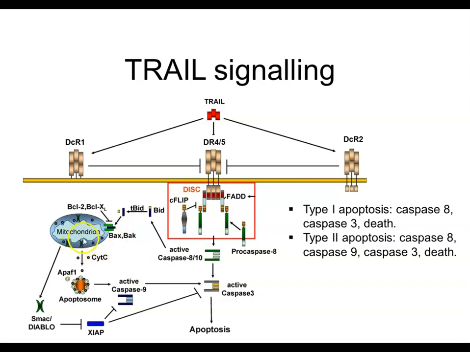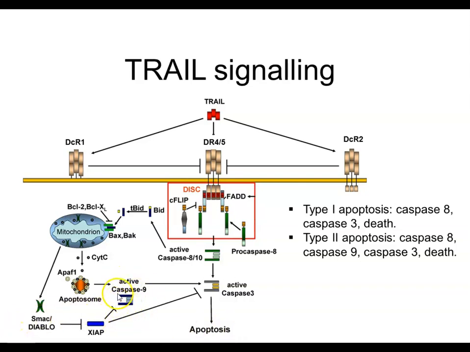The net result of that is release of cytochrome C, also release of procaspase 9. Cytochrome C, procaspase 9 and a cytoplasmic protein called APAF1 come together and form the apoptosome, which is effectively active caspase 9. Active caspase 9 then can cleave and activate caspase 3, then caspase 3 can help to initiate apoptosis.